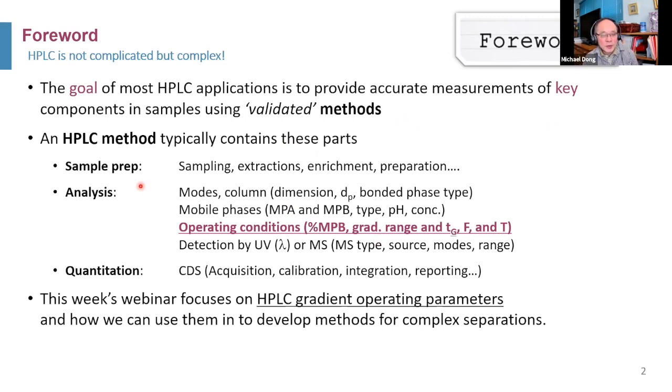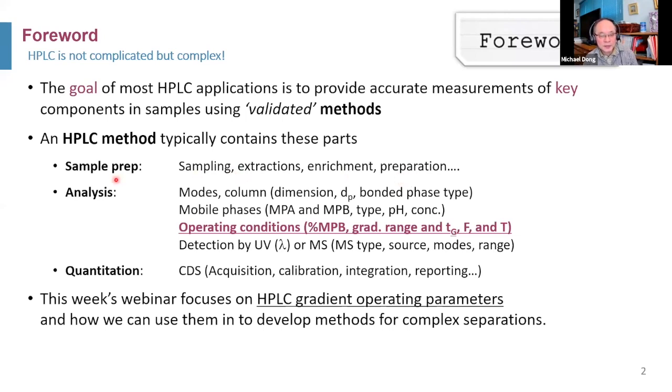Okay, very briefly, an HPLC method typically contains these parts, right? So you have sample prep, which can be a big thing, right? Sampling: how do you get a statistically valid sample, how to extract the sample, filtration, enrichment, cleanup, and sample preparation. How do you prepare a sample, your calibration standard, right?